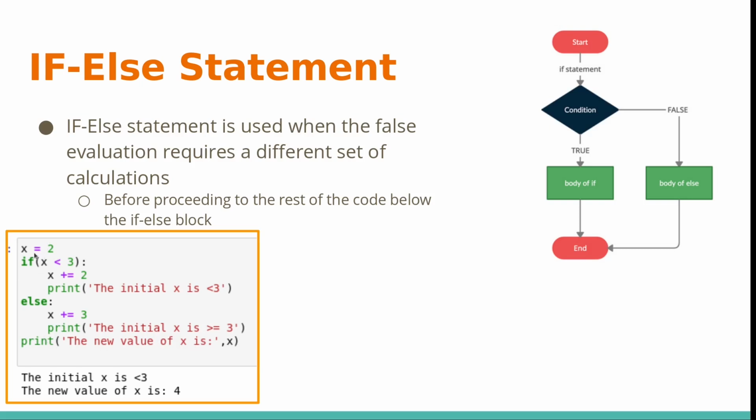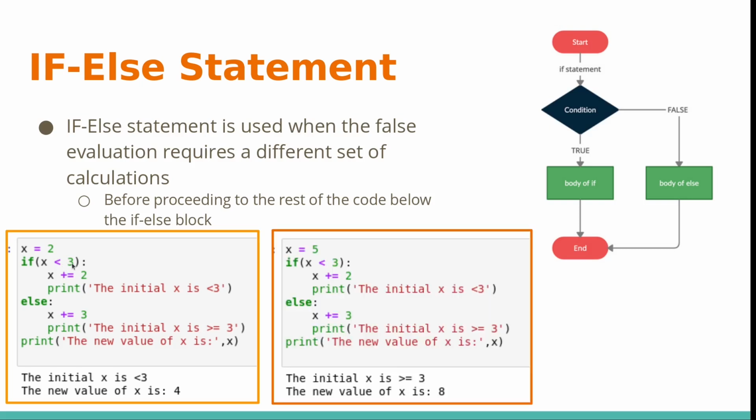Since I have initialized x to be equal to 2, the if part is true. And because the if part is true, it'll take the value of 2, add 2 to it, and print the value as 4. It entirely skips this else because the if has proven to be correct. On the other hand, if I were to initialize my x to be equal to 5, the if block is not true.